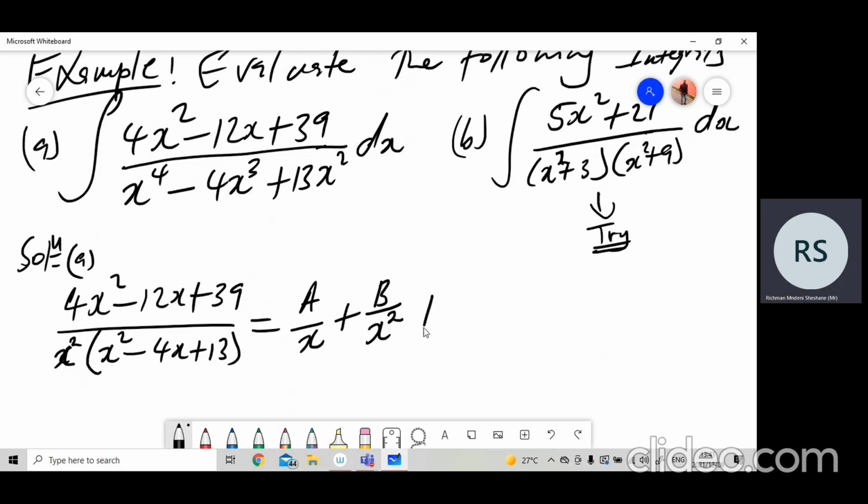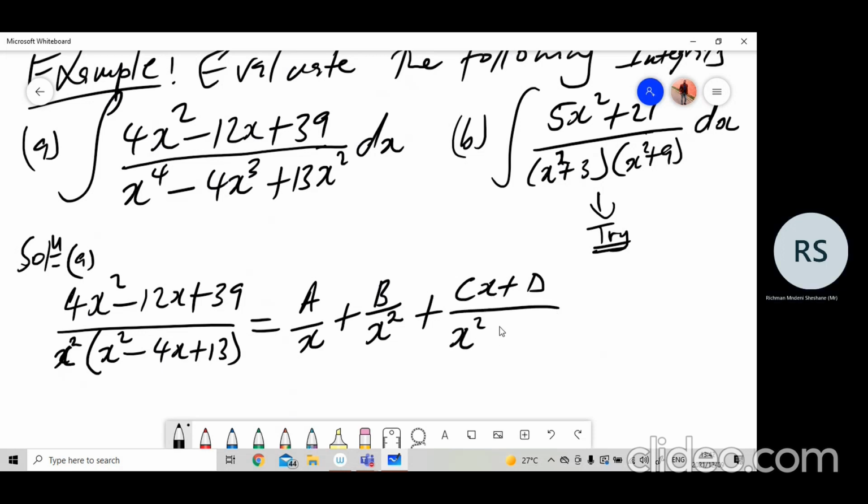And then plus, again, the quadratic factor in this denominator gives us a linear over a quadratic. So a linear will be cx plus d, over that quadratic.